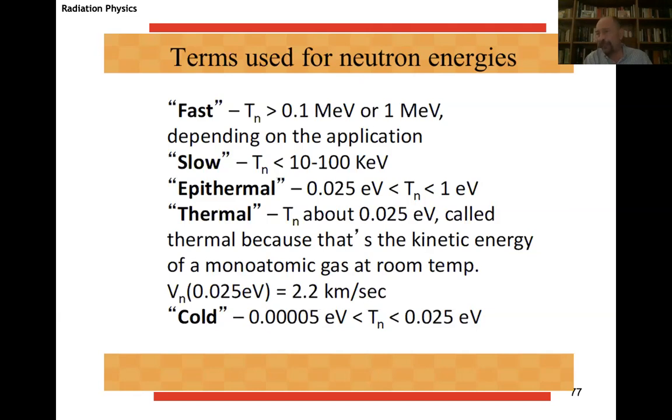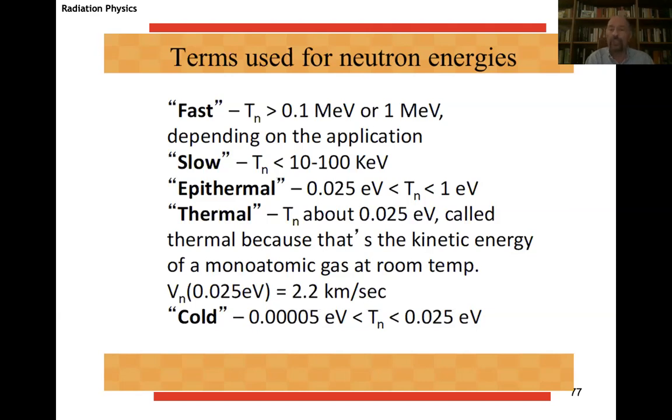In therapy, for example, for fast neutron therapy, people use neutrons in the order of 20 MeV, and even higher energies can be seen in space. For example, when you have shielding of very energetic particles, you can produce neutrons that are even faster. So they are very fast neutrons. Slow neutrons are those between 10 and 100 kilo electron volt, sorry.